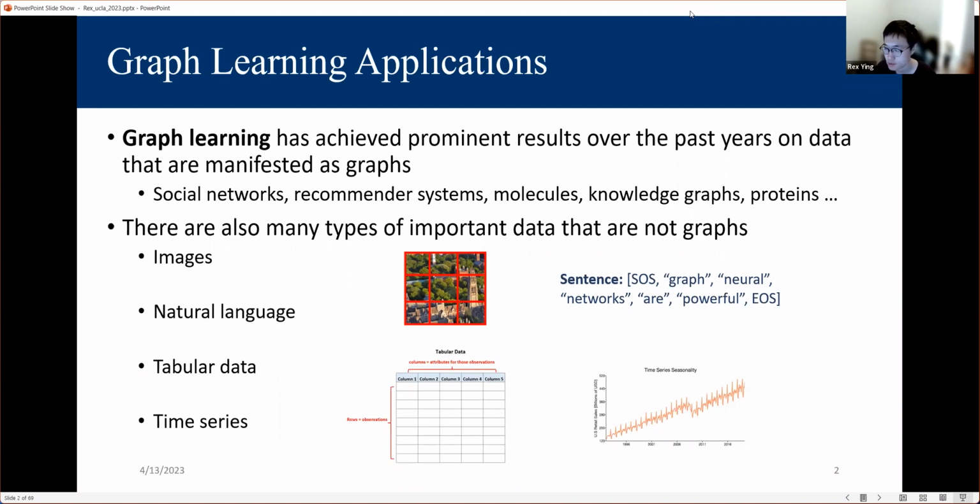Today I'm going to share some more recent work where we explored using graph learning to help deep learning models in many other areas achieve even better results in various domains. Hopefully this can increase the impact of graph learning and allow it to be applied to even broader use cases.